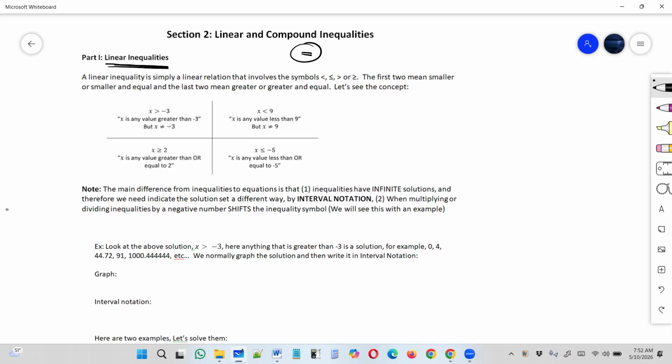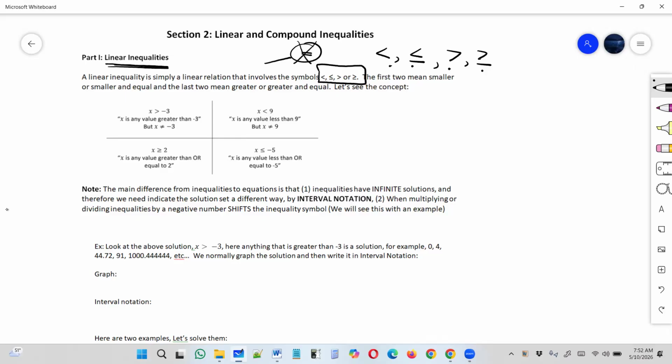They're called inequalities because they're based on these four symbols: less than, less than or equal, greater than, greater than or equal, okay? So these four symbols, we call the inequality symbols. If you have an inequality, it's going to involve one of these symbols and not just the equal sign.